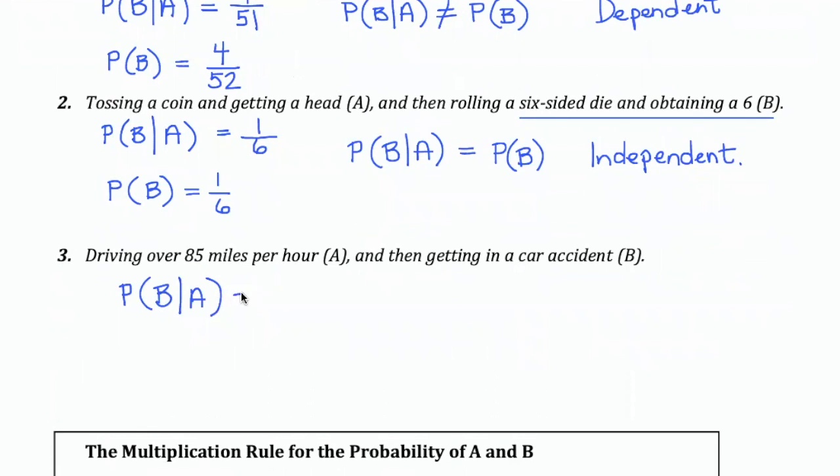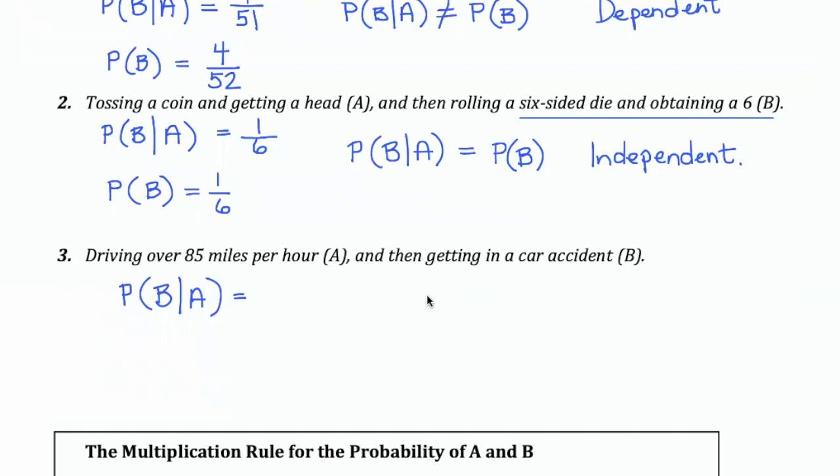This is one of those situations where there's no way to really determine a classical probability. You just kind of have to use your common sense and judgment. This is a case of subjective probability, and we say, does it seem to be the case that driving this fast would potentially contribute to whether or not you get in a car accident?